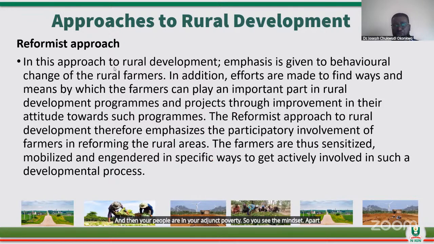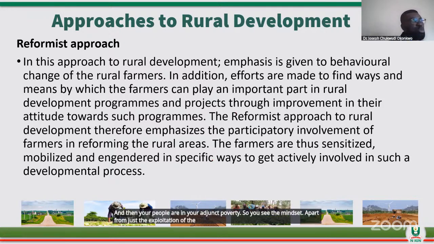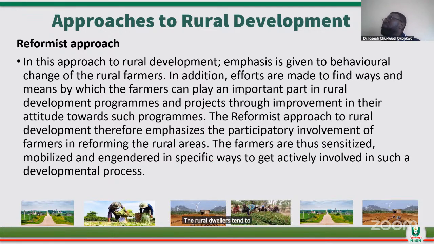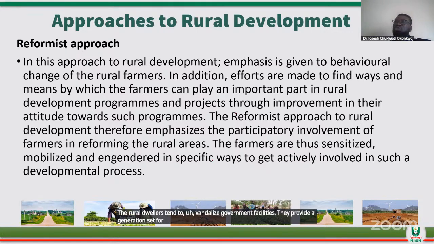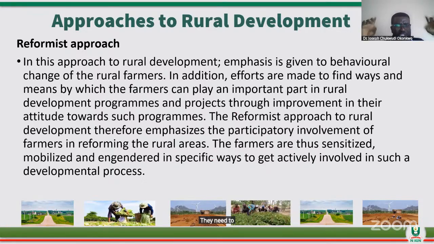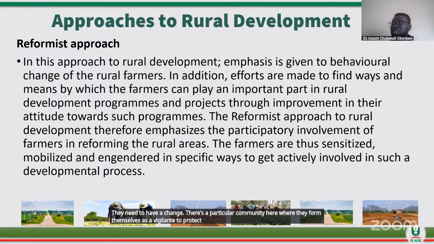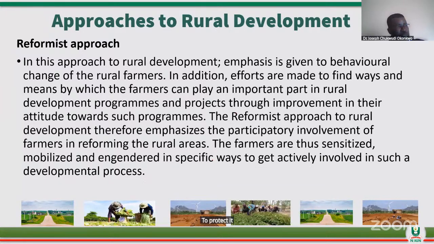Apart from just the exploitation of the project executor, the project manager, the rural dwellers tend to vandalize government facilities. They provide a generating set for a local health center, and the rural dwellers went there and stole the generator. They need to have a change. There's a particular community here where they form themselves as a vigilante to protect government property, a government health facility, because people among them were vandalizing the project.